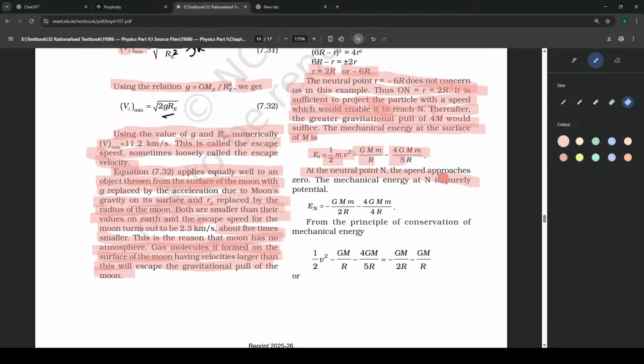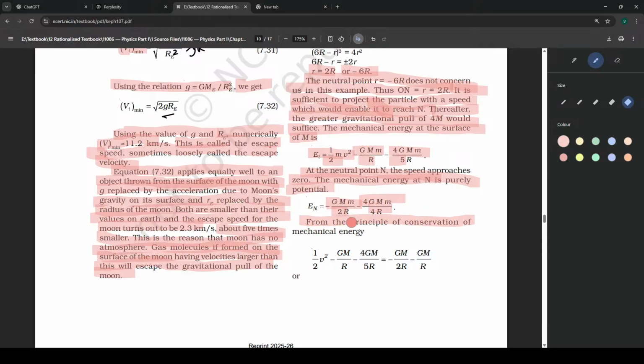At the neutral point, the speed approaches zero. The mechanical energy at N is purely potential, E N, which is equal to minus GMm by 2r minus 4GMm by 4r.